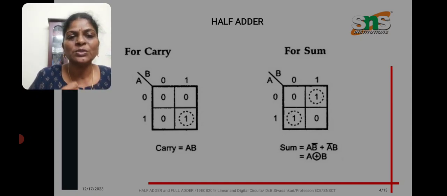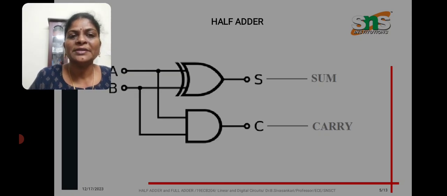So here we need one AND gate for carry AB and one XOR gate for sum A XOR B. By using one AND gate and one XOR gate, we are designing the logic circuit of the half adder.